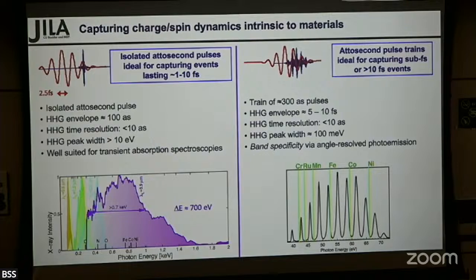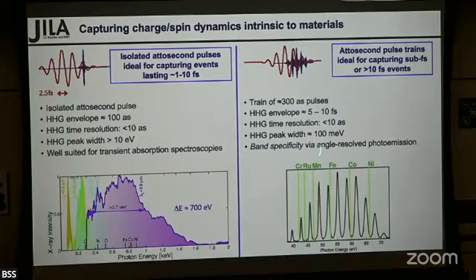And it turns out if you're measuring very fast dynamics in the few attosecond regime, then this waveform is better to use because it corresponds to very narrow line widths. These individual harmonics can probe transitions from specific states to specific states. And if your dynamics are over very quickly, it doesn't really matter which pulse you use to probe the electron dynamics.